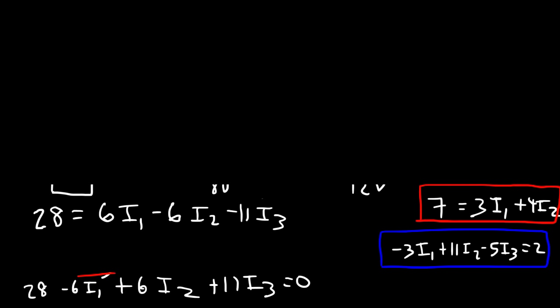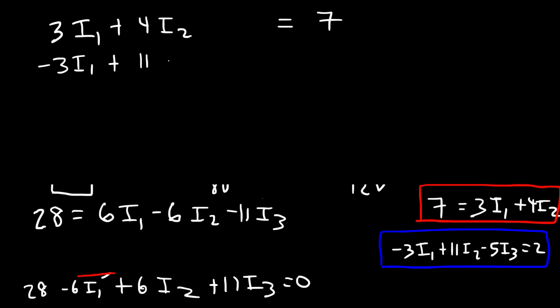Now let's line up the three equations that we have. The first one is 3I1 plus 4I2, and that's equal to 7. The second one, negative 3I1 plus 11I2 minus 5I3, that's equal to 2.